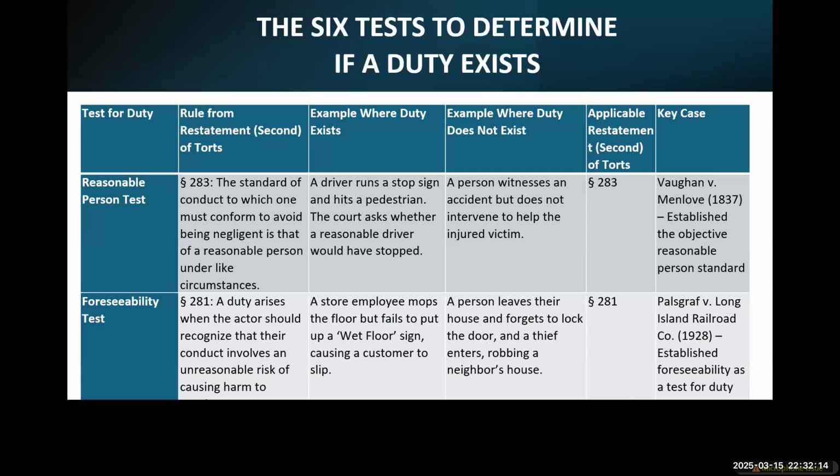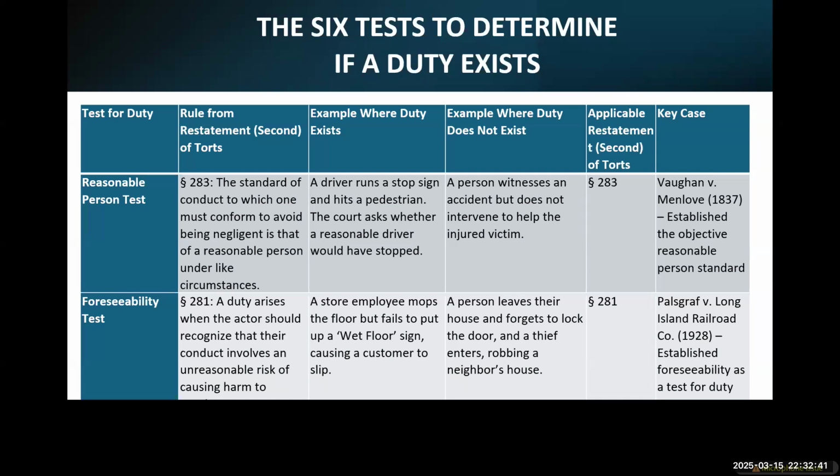There are two questions. Question number one: who is the foreseeable plaintiff? Because if there's a foreseeable plaintiff, I'm halfway to establishing that there's a duty. Question two: what is the zone of danger?